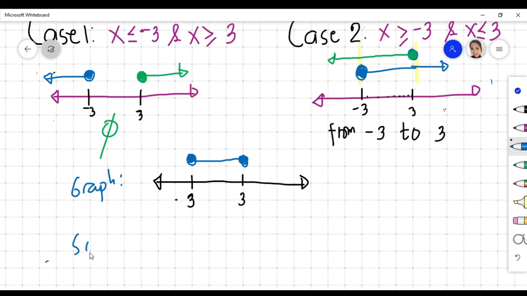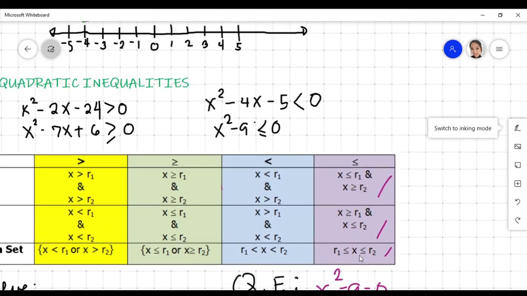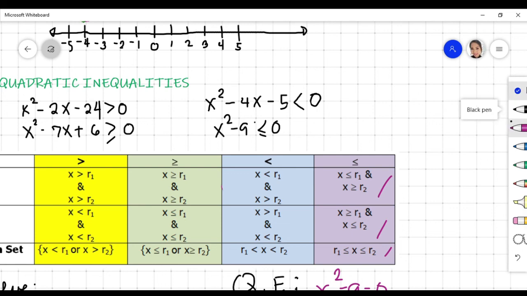So how do we write our solution set? So start from negative 3, less than or equal. So we follow less than or equal. So following our solution set here, r1 less than or equal to x less than or equal to r2.